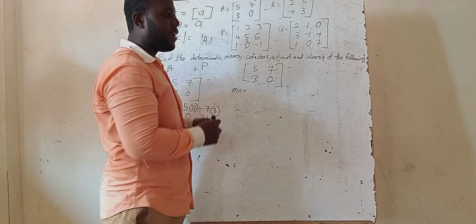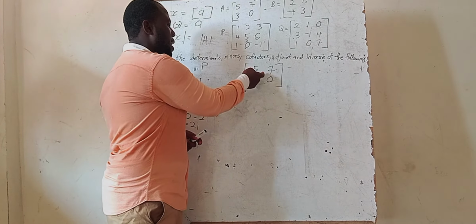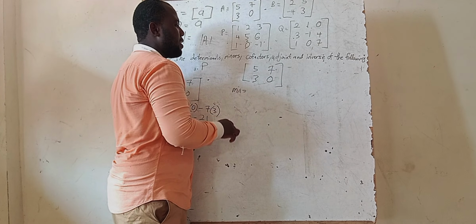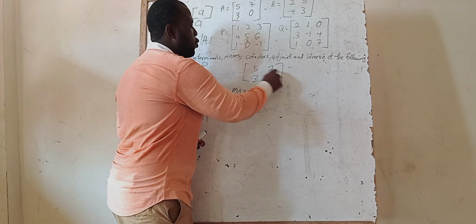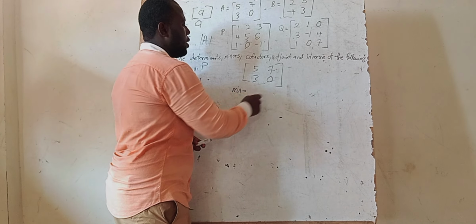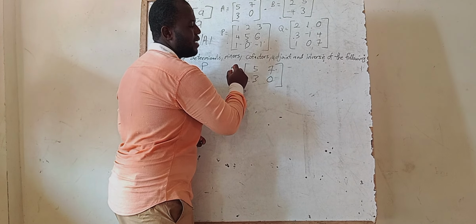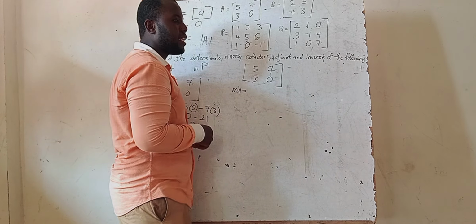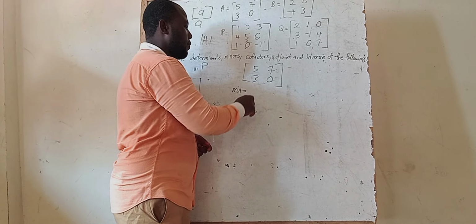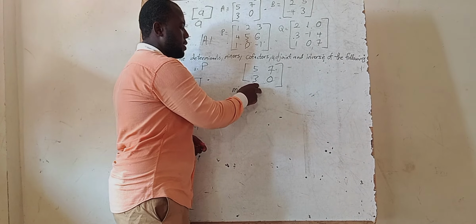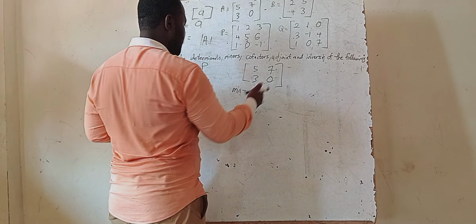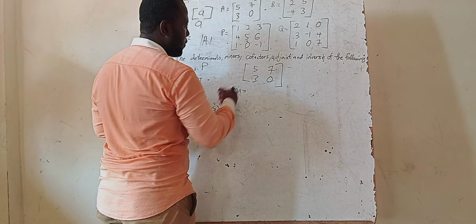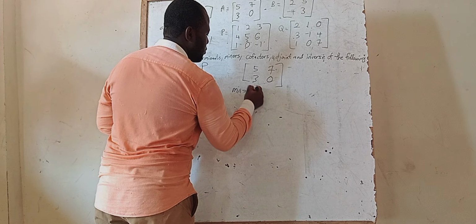To find the minor for the individual element, we take that element and cancel every element in its row and its column. So we eliminate row 1, which is 7, and we eliminate column 1, which is 3, because 5 is located in row 1 and column 1. The remaining number is 0. So the minor of this position, M11, is 0.